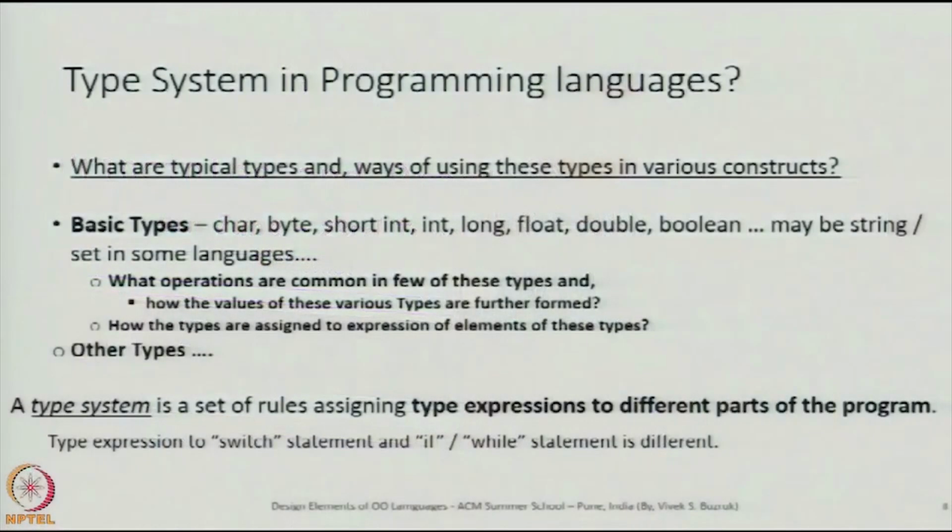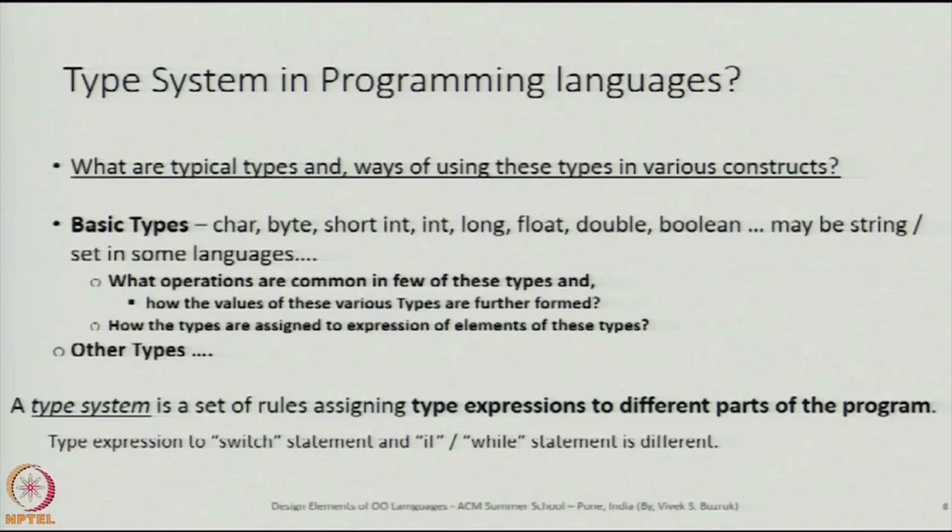Now, we have talked about these basic types: character, byte, short, and depending on the language they will be there, and some languages may have different types as such. Fixed point will be there, as I mentioned, and some may have decimal, etc. Those are called basic types, and we will see more about them. Now what are the operations common to a few of these types? For example, for integer, long and float, some operations are common.